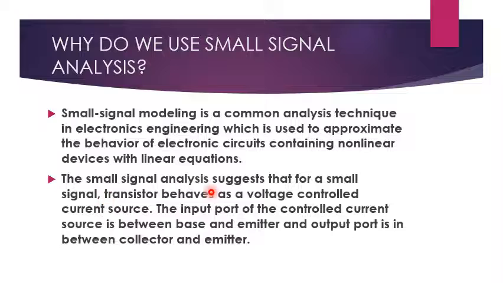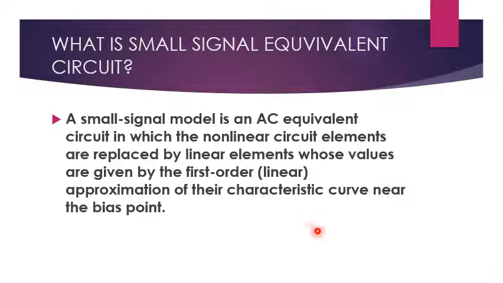Right? So the small signal analysis suggests that for a small signal, the transistor behaves as a voltage controlled current source. Clear? Now the input port of the controlled current source is between base and emitter, and the output port, you know, is collector and emitter. Next, a small signal model is an AC equivalent circuit in which the non-linear circuit elements are replaced by linear elements whose values are given by the first order approximation of their characteristic curve near the bias point.